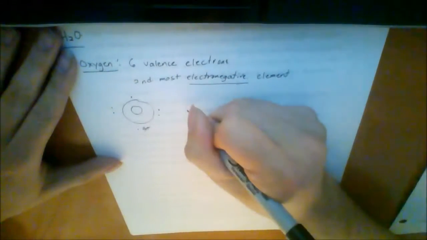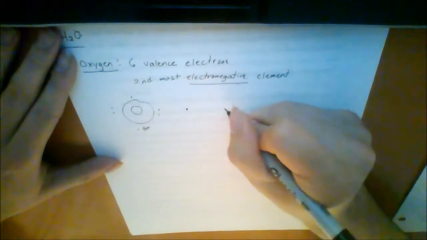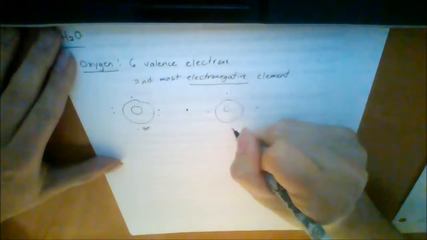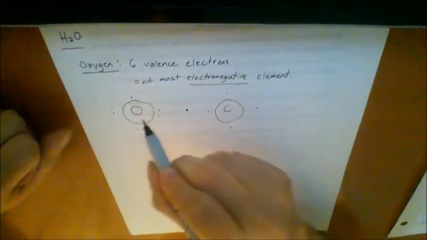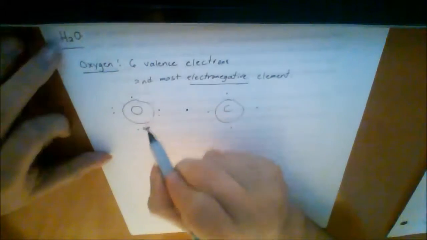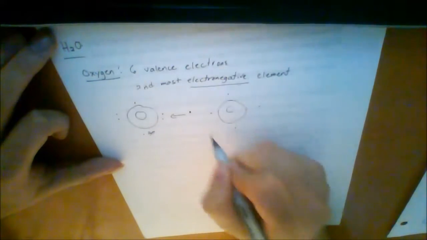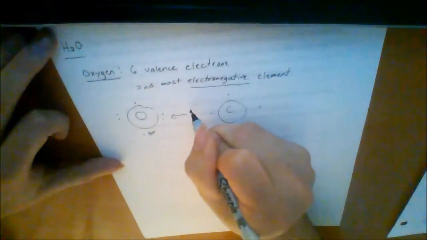Has to be equal. Alright, and let's picture an electron here, and on the other side we have carbon. 1, 2, 3, 4. Now, because oxygen is a lot more electronegative than carbon, it'll have a stronger pull on the electron compared to carbon. Therefore, the electron will go towards the oxygen, and the carbon is going to be left alone, sadly.